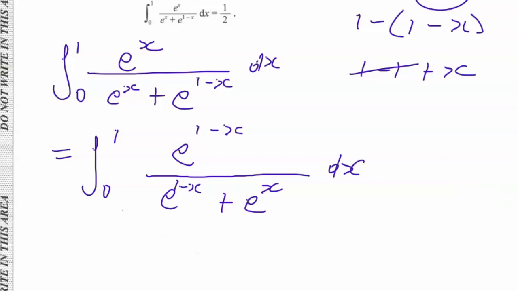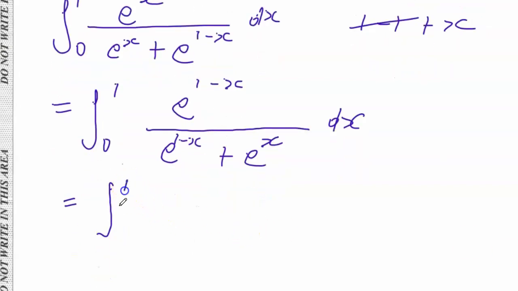Alright. So one thing we can do is rewrite the function. So here in the denominator we have e to the 1 minus x plus e to the x.